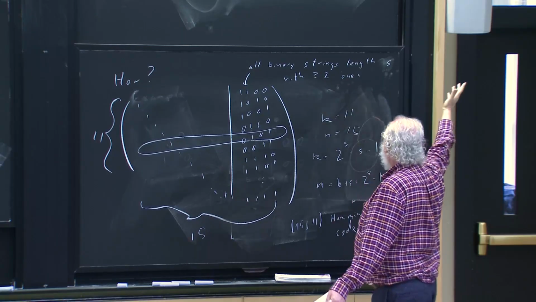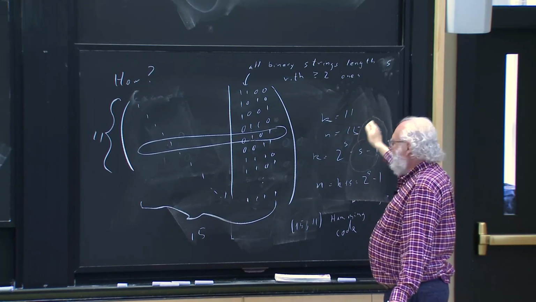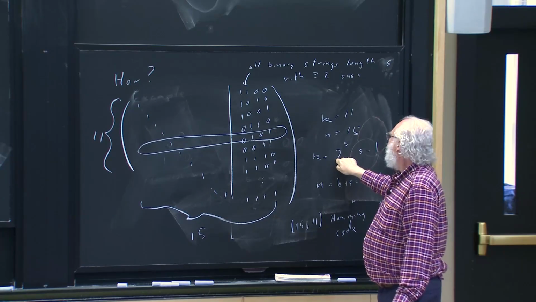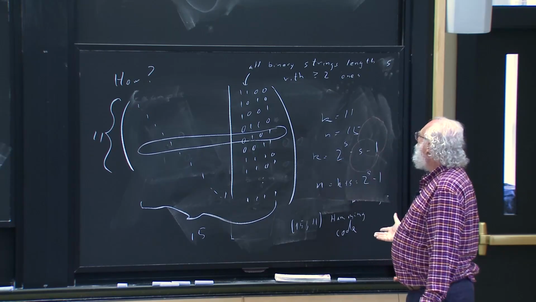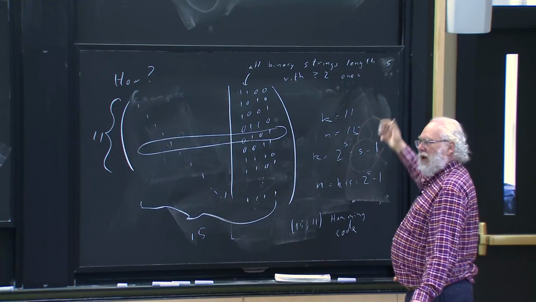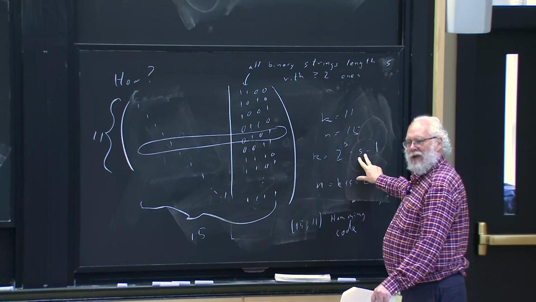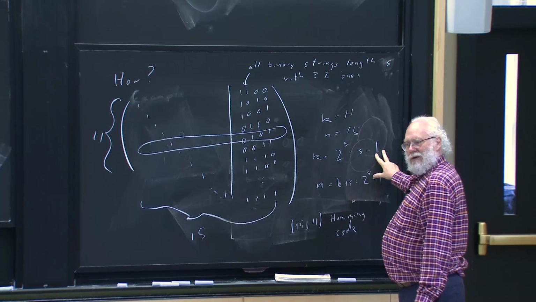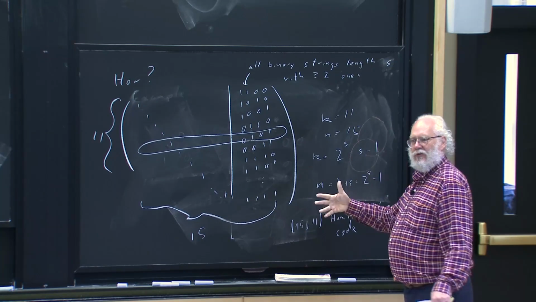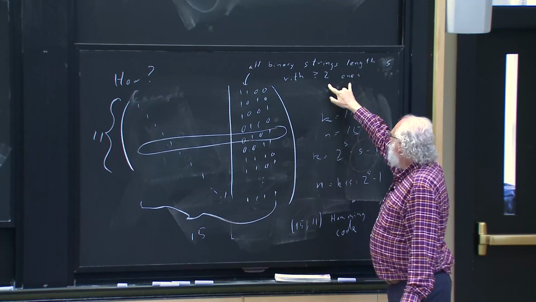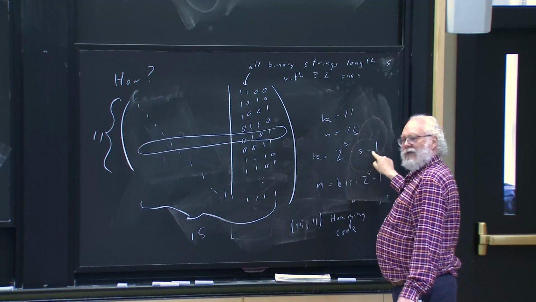So how many binary strings of length s are there? There are 2 to the s binary strings of length s. And now we have to subtract out the ones that have one 1 or zero 1s. There are s strings with one 1 because the 1 can be in any of the s positions. And there's one string with zero 1s, which is the all 0 string. So the number of binary strings with at least 2 1s is 2 to the s minus s minus 1.